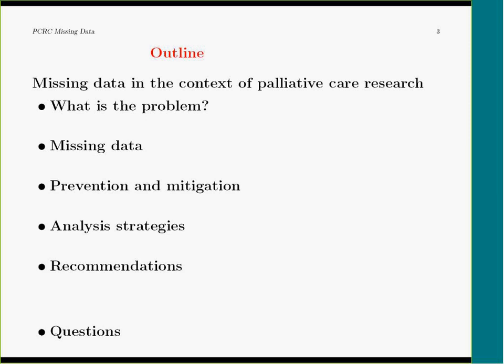And I really hope that what you get is two messages. One is, do everything you can do to prevent missing data, and collect ancillary information about your key endpoints that will facilitate analysis strategies. So those are the takeaway bullets.